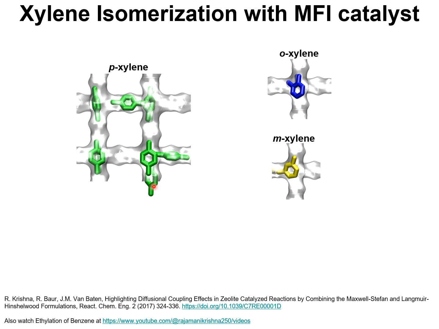So diffusion anisotropy is useful in dictating the selectivity of the products of xylene isomerization using MFI catalyst.